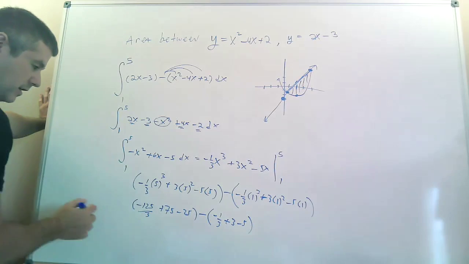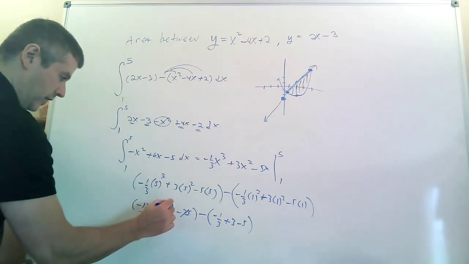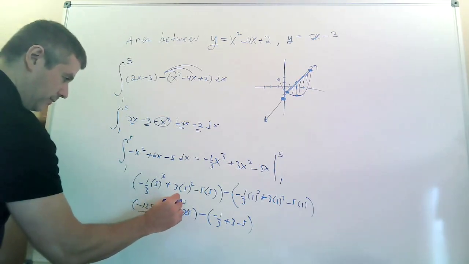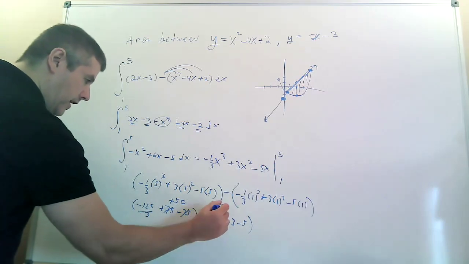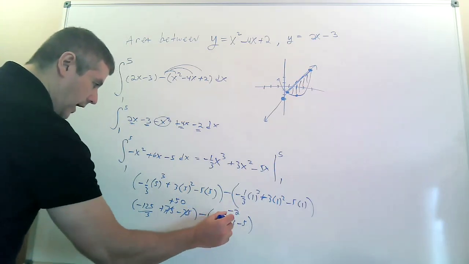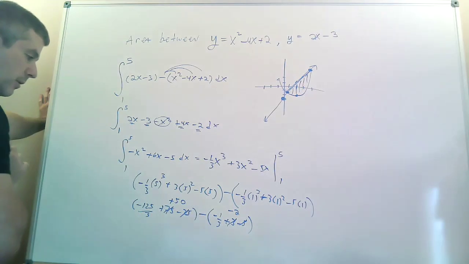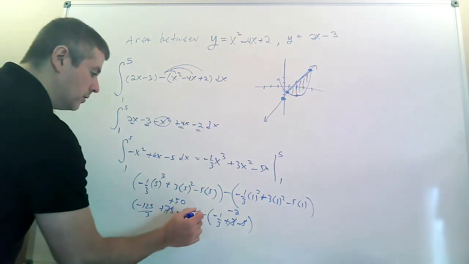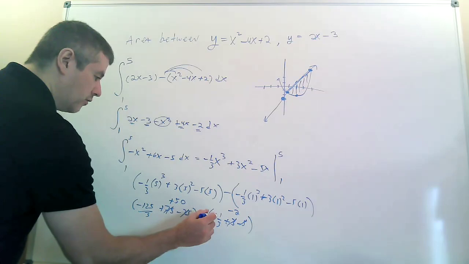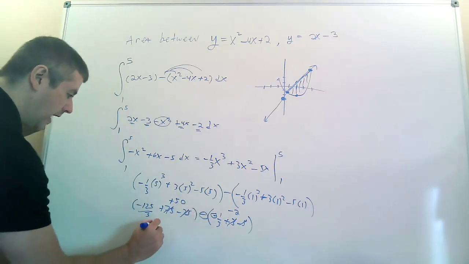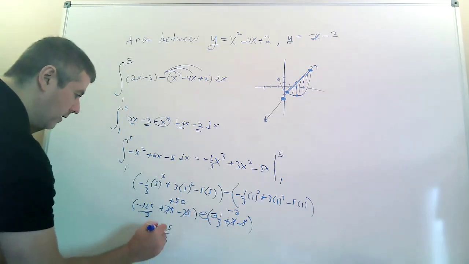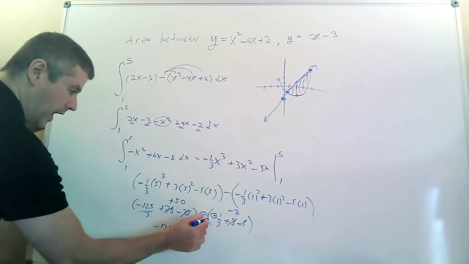There's a lot to combine here. You can do the 75 and the 25 and make positive 50. You can do the 3 take away 5 and make -2. I will absolutely do that. I'm going to combine all the numbers and then I'm going to do these. So remember, you got to switch here. I have -125 over 3, right? Plus 1/3.